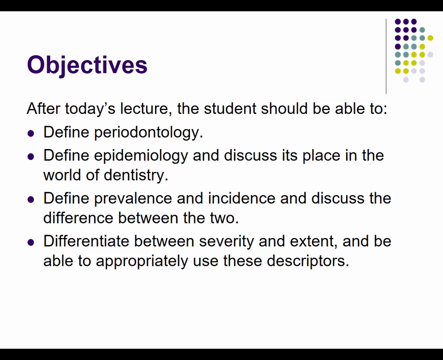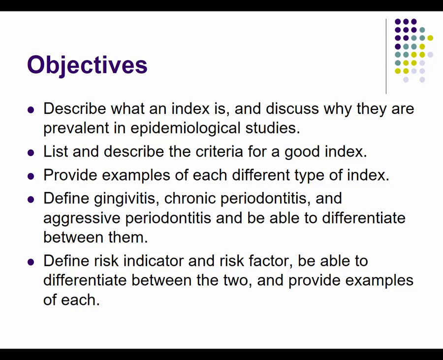So I'll ask you to apply those terms on the test. And you should be able to differentiate between severity and extent. Okay, we've talked about severity and extent already, so some of this should be review-ish, right? So you should be able to describe what an index is and discuss why they're prevalent in epidemiological studies.